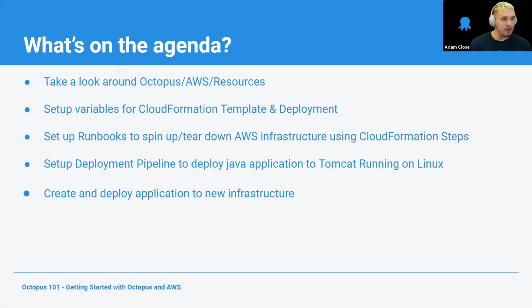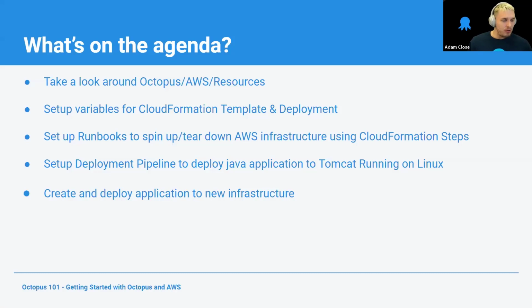Next, we'll set up some variables for our CloudFormation template and our deployment pipeline. We'll then create our runbooks to spin up and tear down our AWS infrastructure. That's where we'll be using our CloudFormation steps to actually deploy our infrastructure.